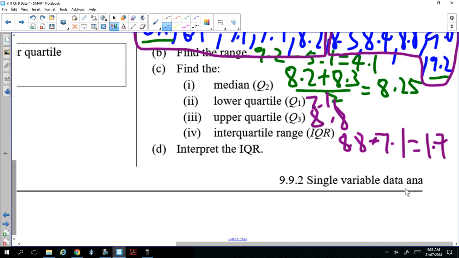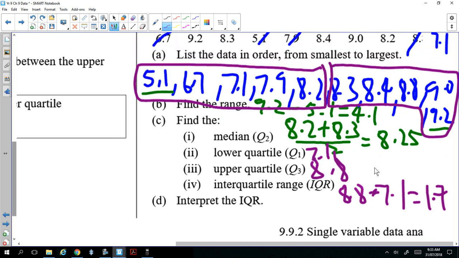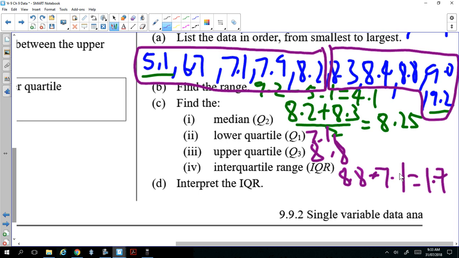Okay, now we want you to interpret it. Let's look at the question. What's the meaning of the interquartile range?